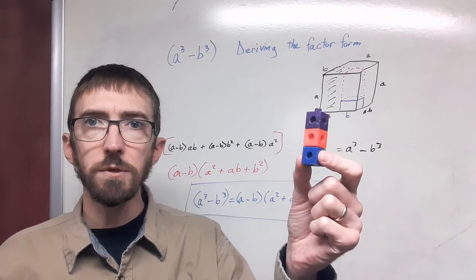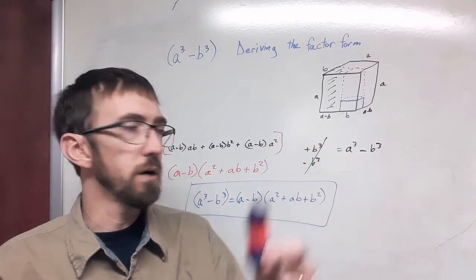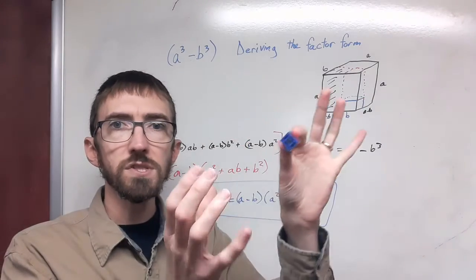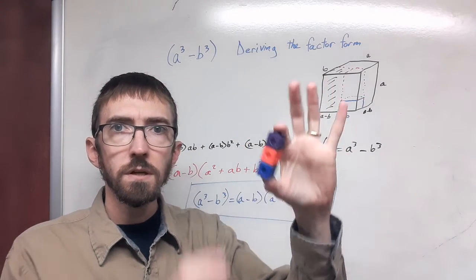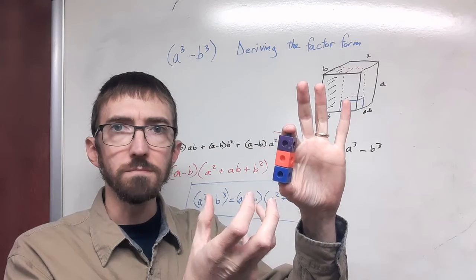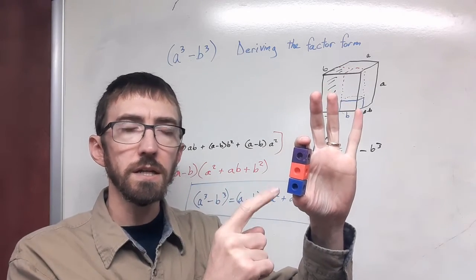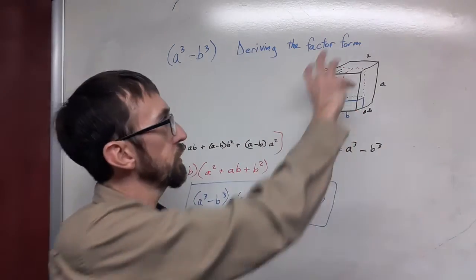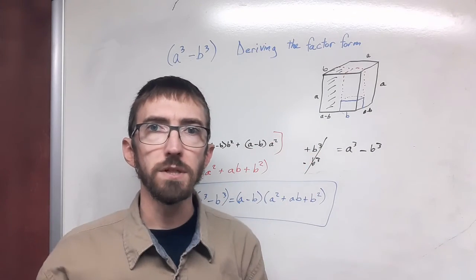If you have these snap cubes, you can build a nice model of this in which you can snap apart the different prisms so that students can get an idea of how you're breaking this apart with a real 3D manipulative.